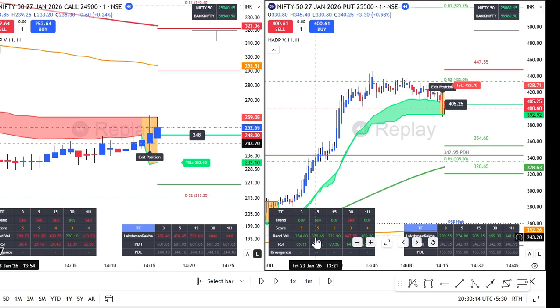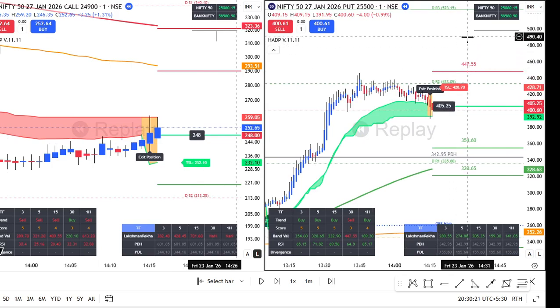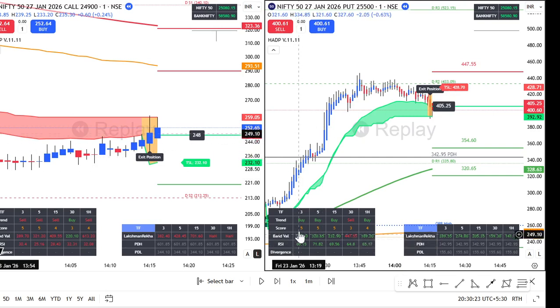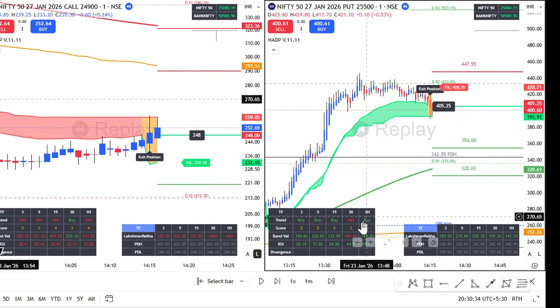These band values will also be printed on the chart. For example, 3 minutes buy, band value is at 354. That means the 3 minute traders' average buying price is somewhere around 354.6.